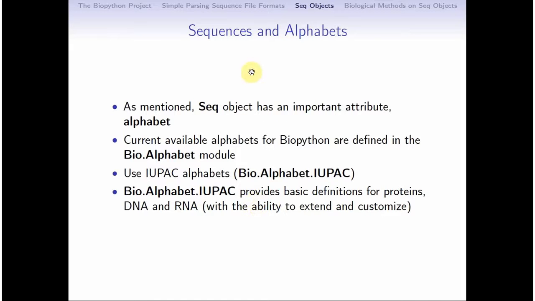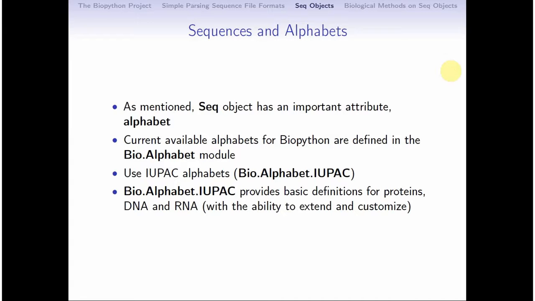So we introduce this alphabet now. As mentioned, the sequence object has an important attribute, alphabet. All currently available alphabets are inside this module called Bio.Alphabet. They use IUPAC alphabets, which provide the basic definitions for protein, DNA, and RNA.